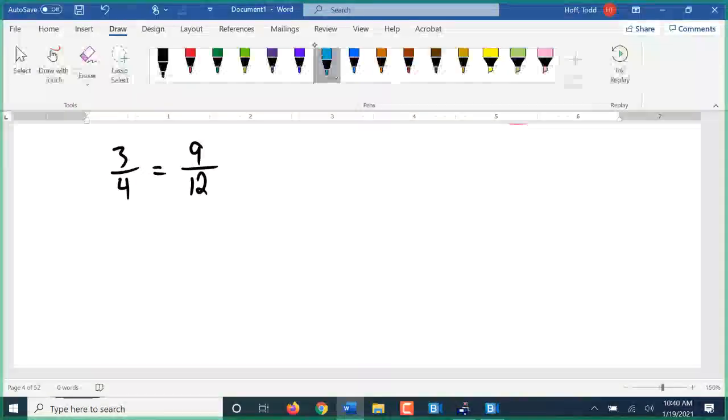For example, I might have similar figures. We'll look at similar figures way more as we go on. But similar figures are two figures where one is just an enlargement or a reduction of the other.